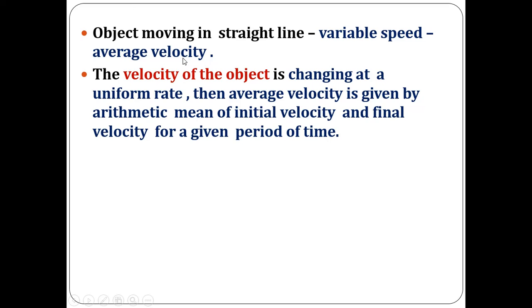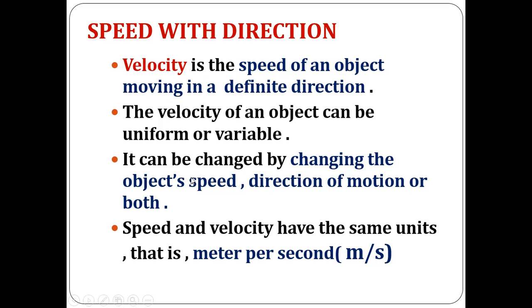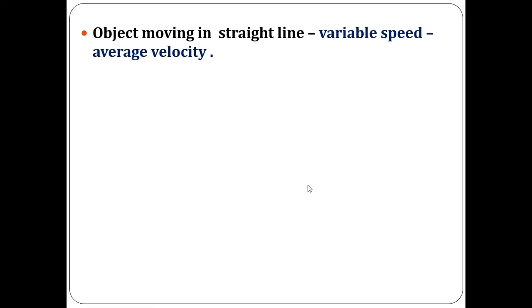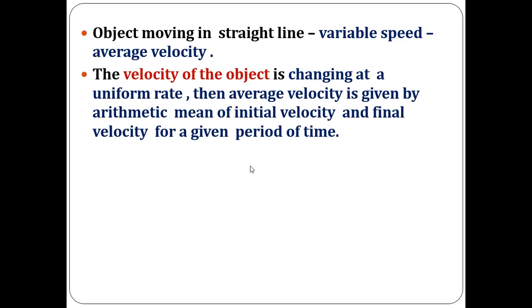The velocity of an object will change when its speed or direction of motion changes. When the velocity of the object is changing at a uniform rate, then the average velocity is given by the arithmetic mean of the initial velocity and the final velocity.